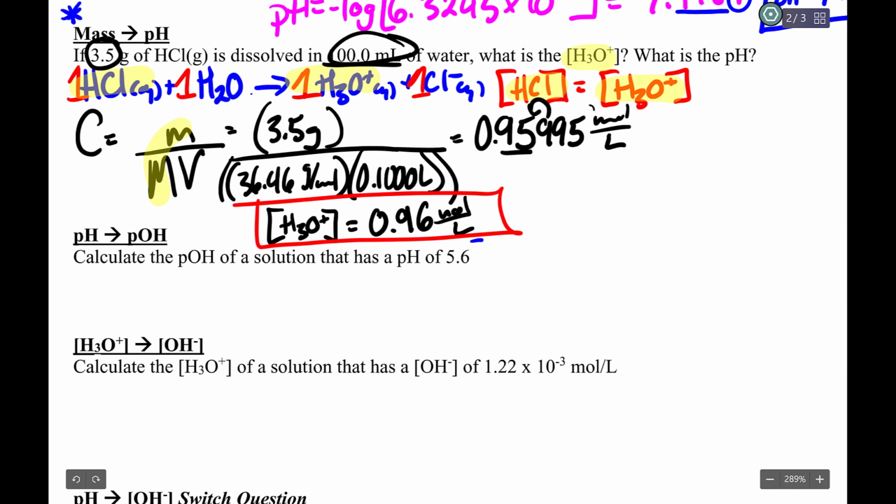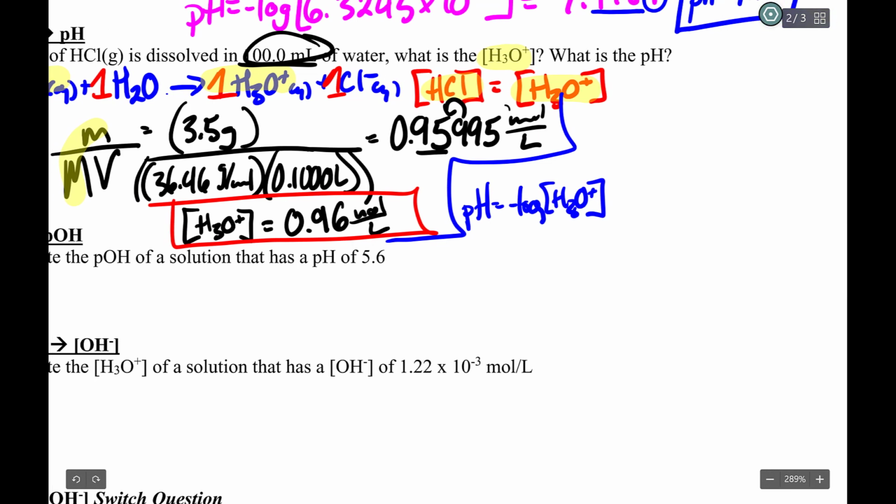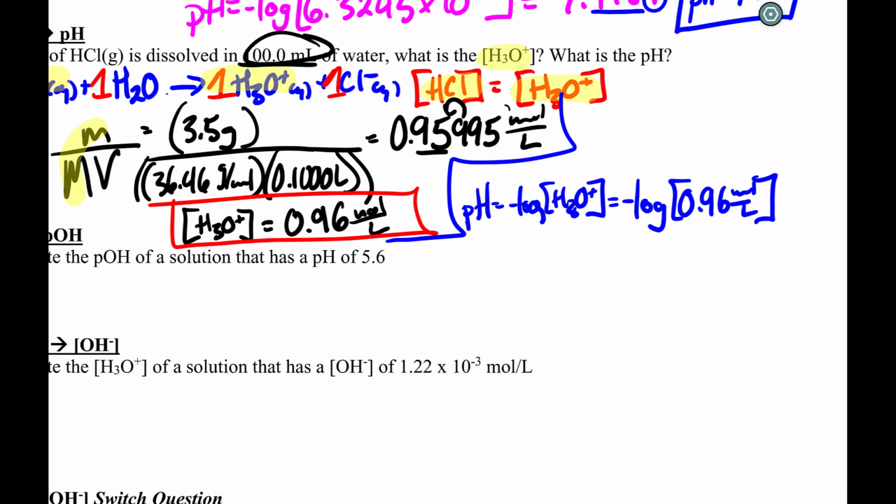Our second question is, what is the pH? Well, pH is equal to the negative log of hydronium, and we have that value. So it's the negative log of 0.96 moles per liter. Now I'm going to use all the digits in my calculator. I'm going to carry everything forward.